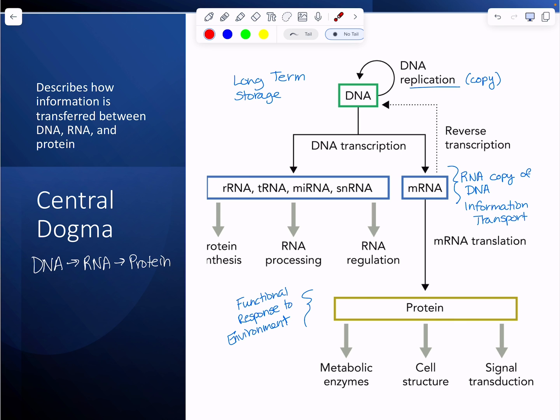They have an enzyme that makes a DNA copy from the RNA, and this is what HIV does. HIV goes around as an RNA virus. That's the infectious form. It has an enzyme called reverse transcriptase, and when it gets into the cell, that makes a DNA copy of the RNA genome.